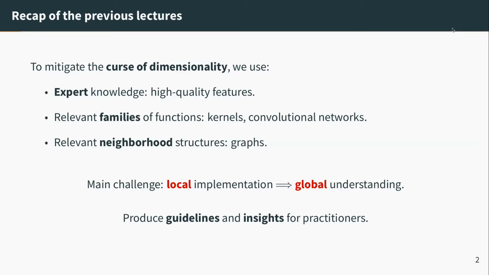Try to abstract them, and in return, produce guidelines and insights for practitioners. And part of it is trying to make good lectures, because most of you are going to be in the industry one day, and I think that if you have a kind of abstract, deeper outlook on the programs that you are writing, probably it's going to be easier for you to be more creative and also to debug things more easily.